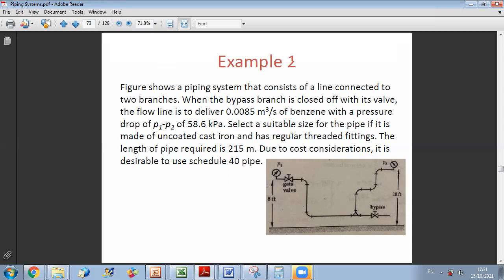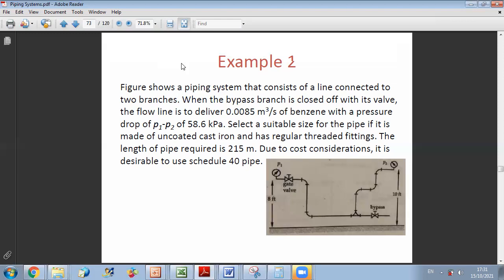Select a convenient size for the pipe if it is made of uncoated cast iron and has regular threaded fittings. The length of pipe required is 215 meters, and due to cost considerations, it is desired to use Schedule 40 pipe.